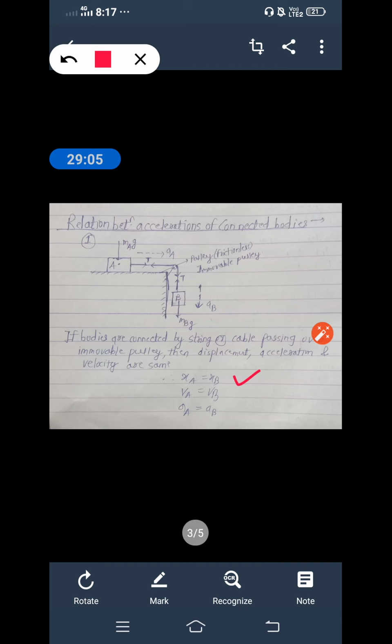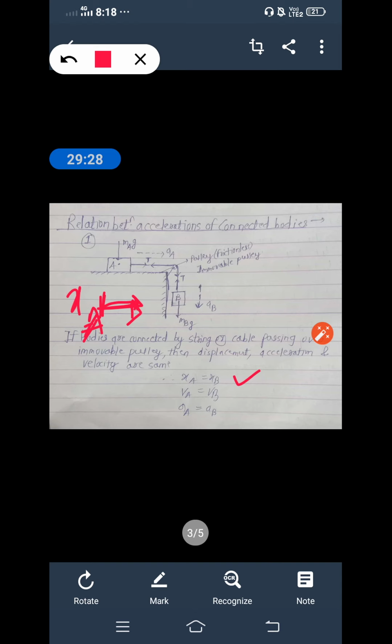So what is XA, student? XA means the displacement of block A. And why do I show the direction of the displacement on this side? Because we know the direction of motion of block A is on this side. So your displacement XA is here.